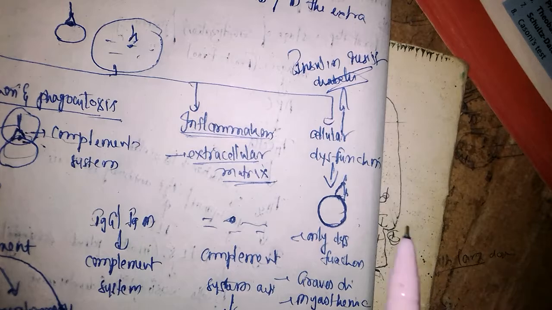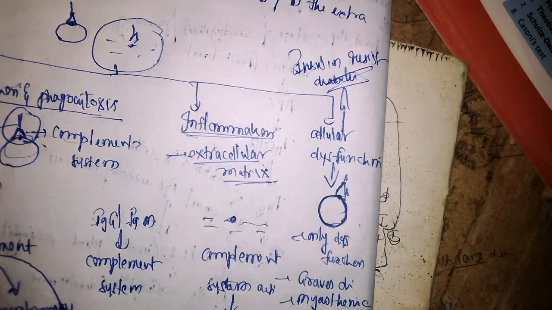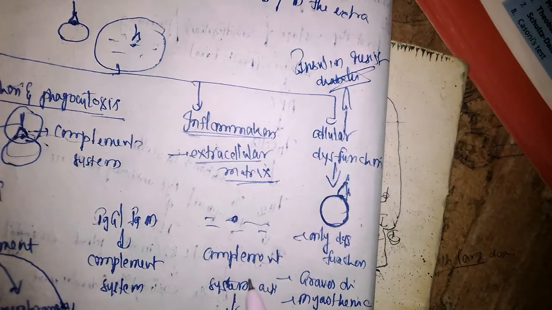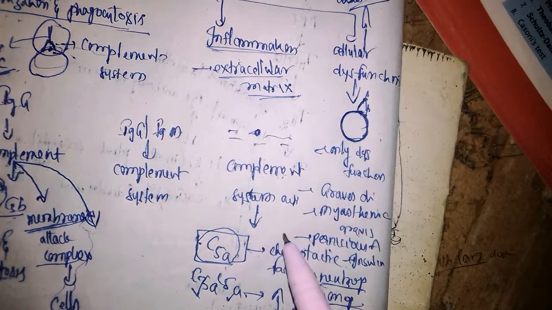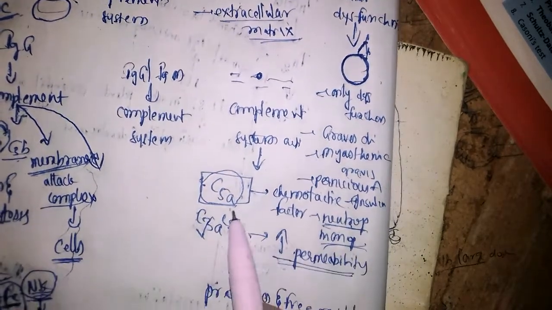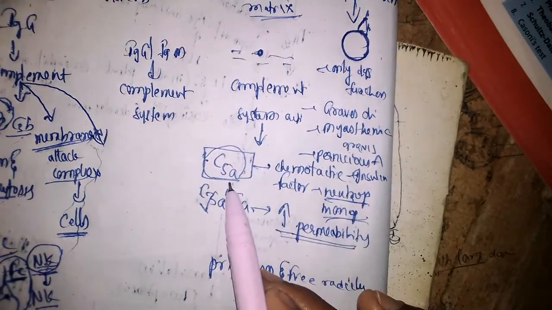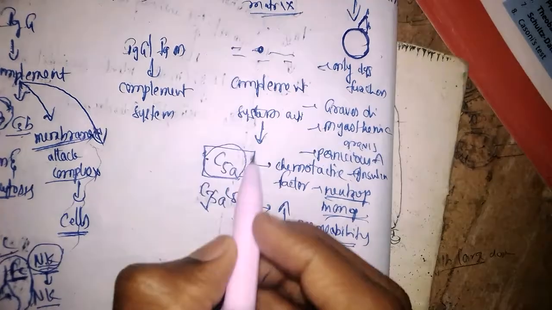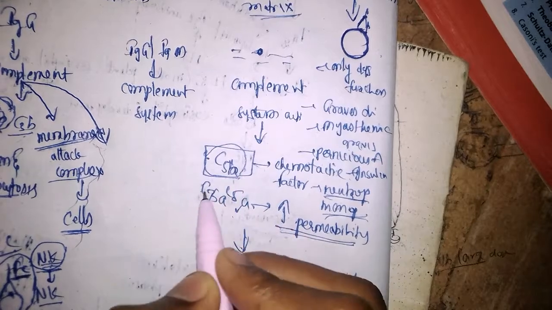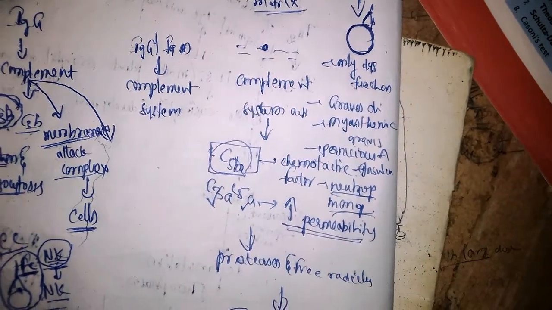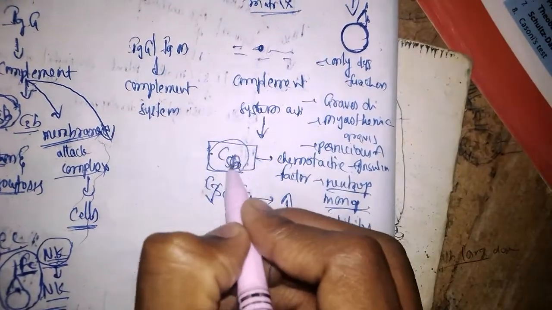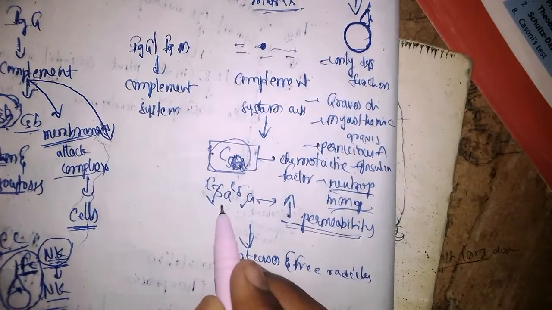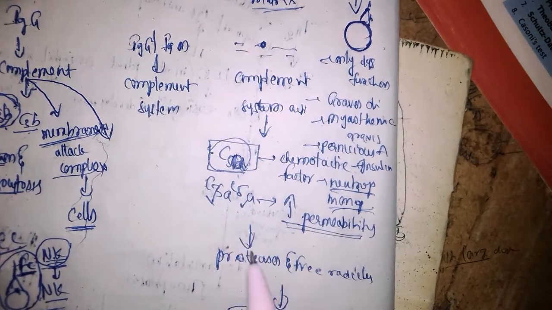Inflammation results when antigens are present in the extracellular matrix. Here what happens is there is activation of the complement system, which results in release of some mediators like C3a and C5a.